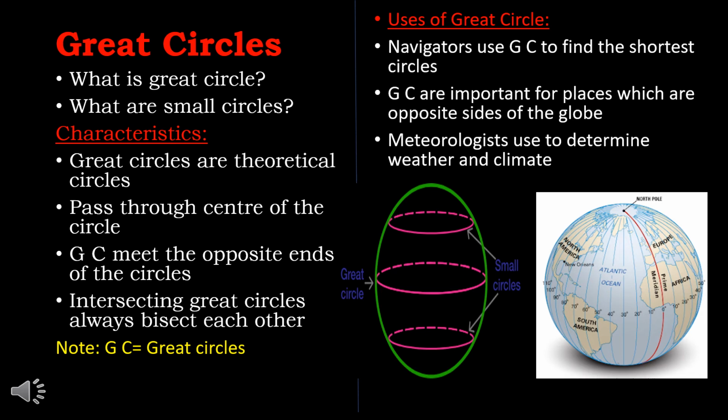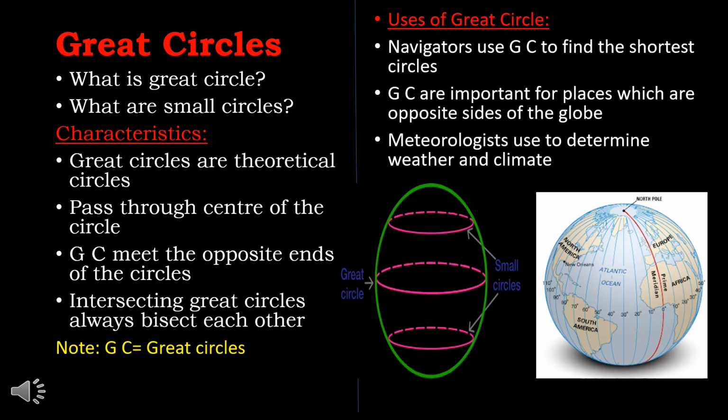Uses of great circle. A great circle is a theoretical circle formed by the intersection of the earth's surface and an imaginary plane that passes through the center of the earth and divides it into two equal parts.